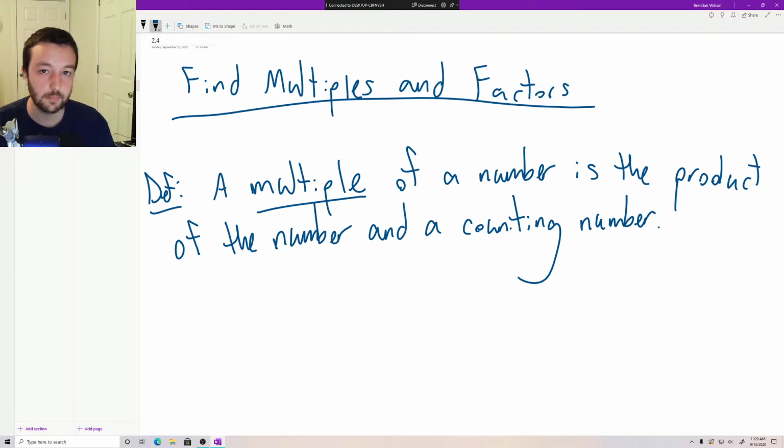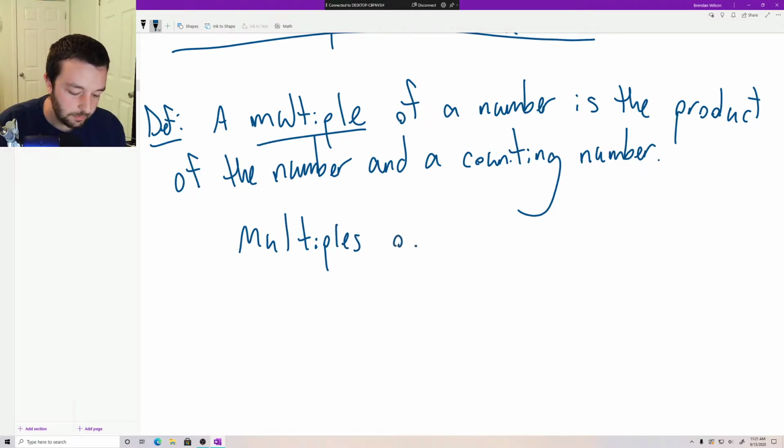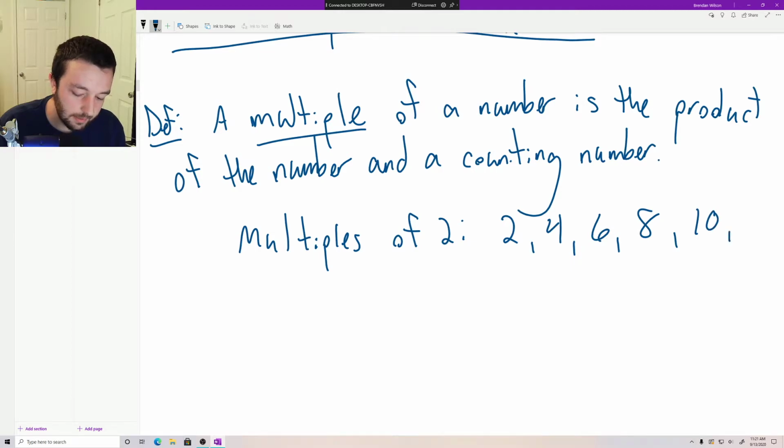Okay, if we take a number and multiply it by 0, we get 0. So we don't consider 0 to be a multiple of every number. So for example, multiples of 2, we would have 2, 4, 6, 8, 10, etc. Because this number is 2 times 1, so it's the product of 2 and the counting number 1.